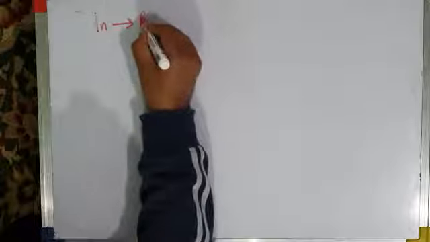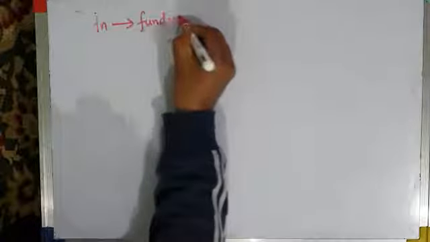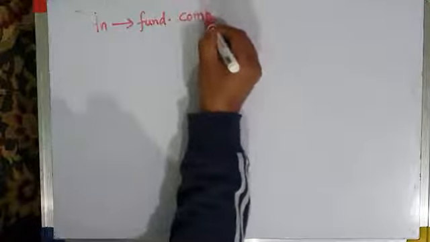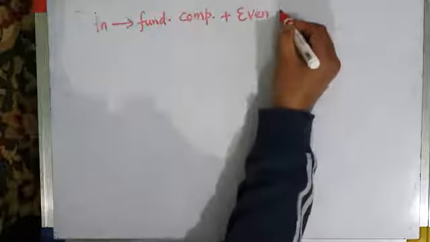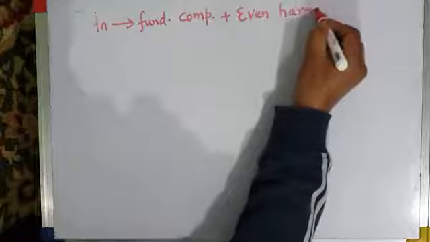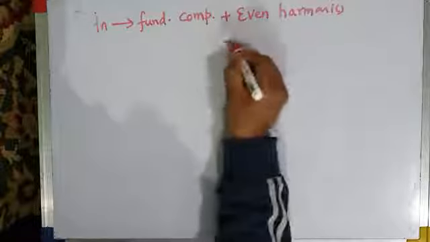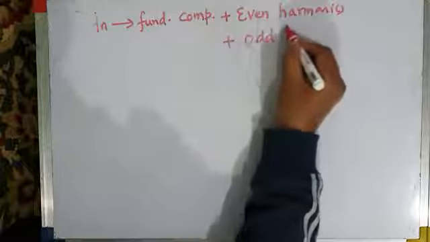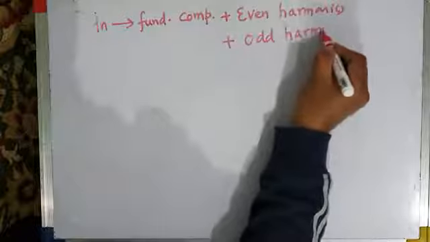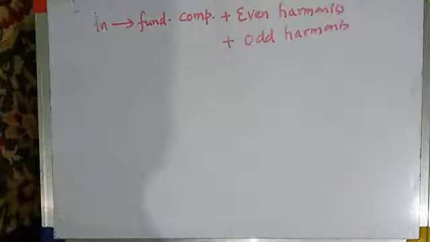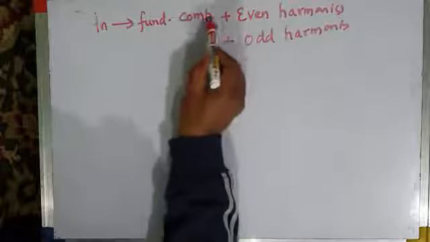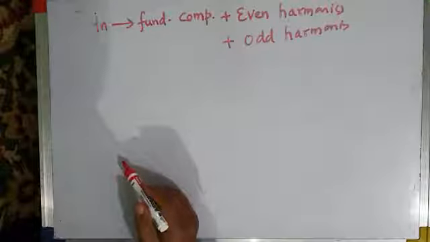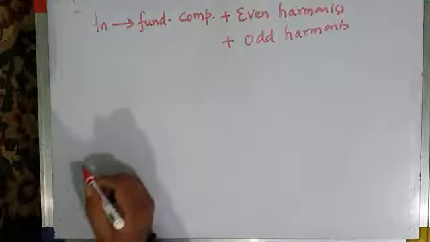So neutral current basically comprises fundamental component plus even harmonics, that is second, fourth, sixth, eighth and so on, plus odd harmonics. Let us see the contribution of each in the neutral current. Let us find whether fundamental component of the three line currents contributes to neutral current or not.